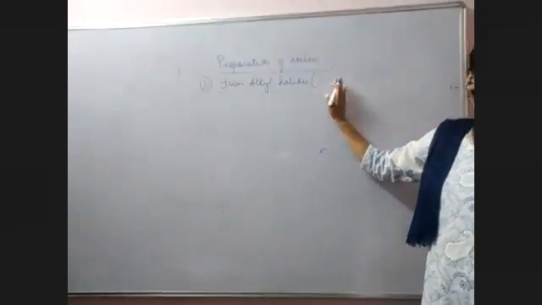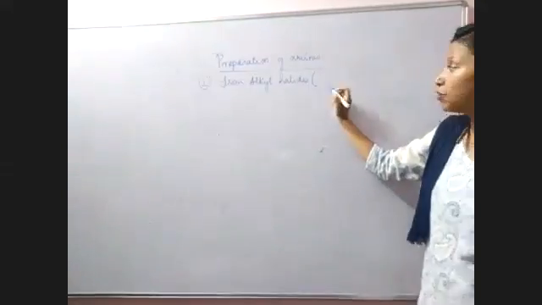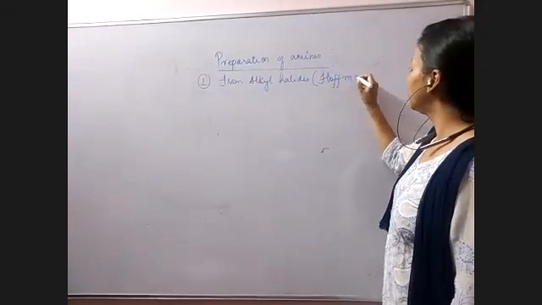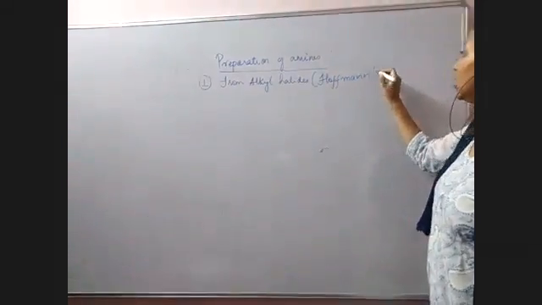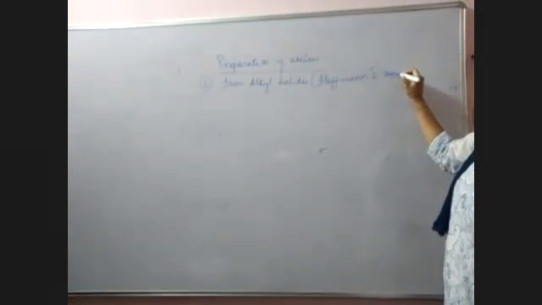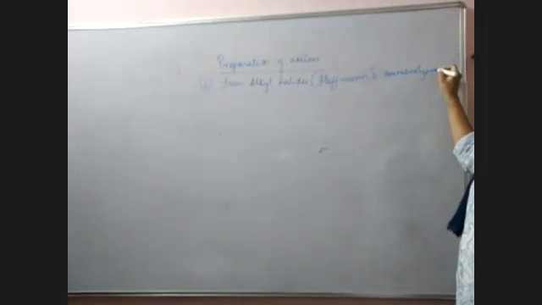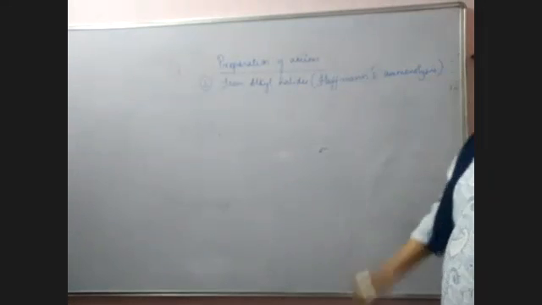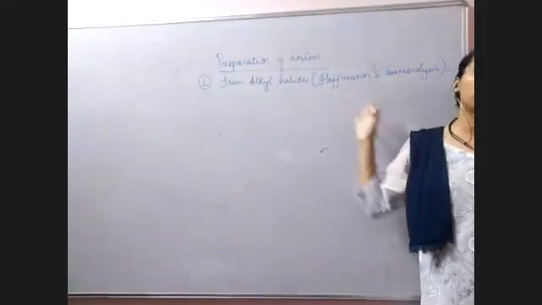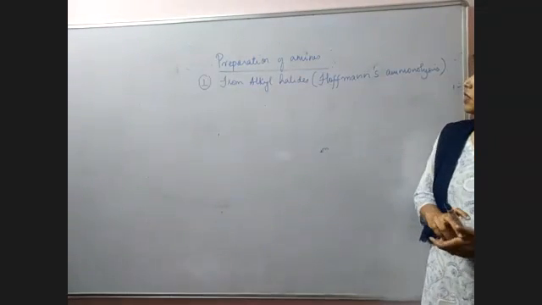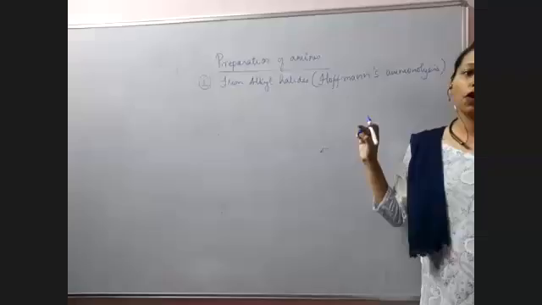Inside the bracket, you write down Hoffmann's ammonolysis. Hoffmann's ammonolysis. And this is one of the most important methods. Okay, from alkyl halides, the name reaction is Hoffmann's ammonolysis.